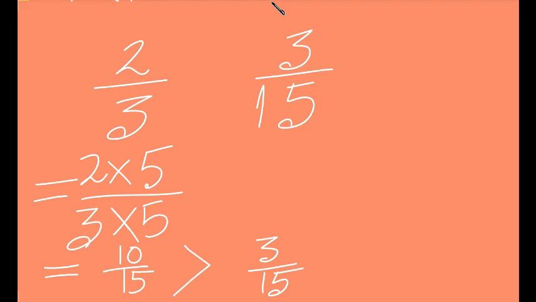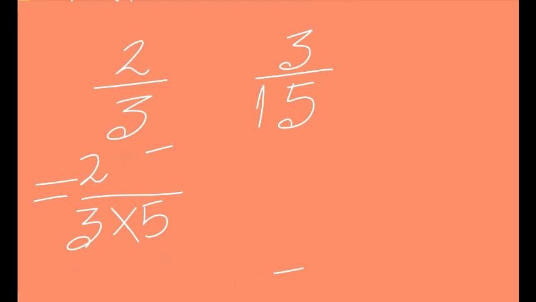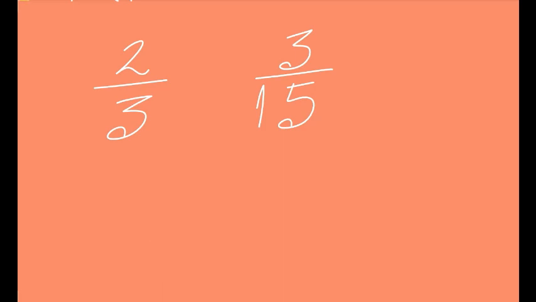Similarly, can we do it for numerators? Yes, we can do it for numerators also, but the rules are opposite of this. If it is greater, it becomes smaller, right? So let us do the same thing using the numerators. Sometimes numerators are easier. Why? Because sometimes denominator becomes quite tough.